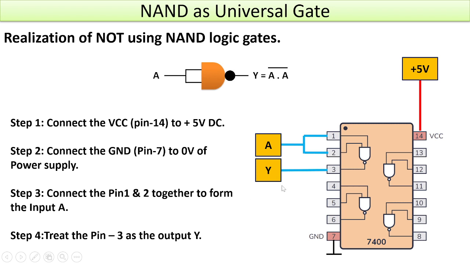Now you can use a digital multimeter, set the range to 20 volts DC, then apply a logic here, that is connect this either to +5 or to ground, and then check the output. You'll be able to see that this particular circuit behaves as a NOT gate.